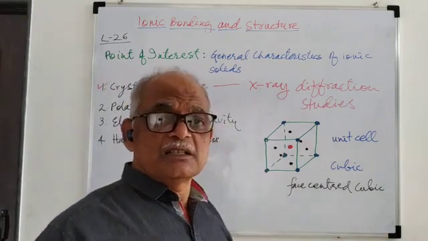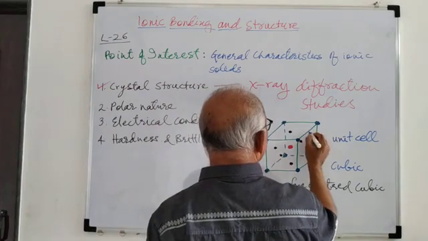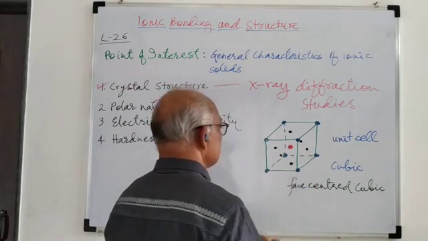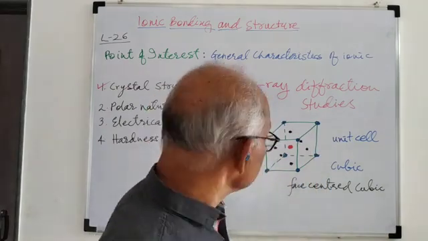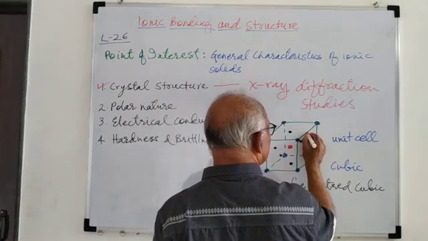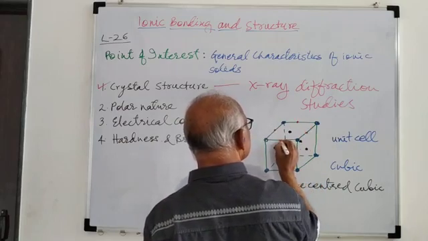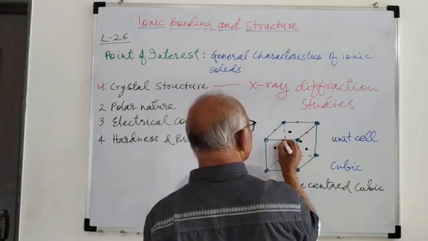In still some other structures, there are corner positions occupied by the ions. So we can show it like this. These are called edge centers.